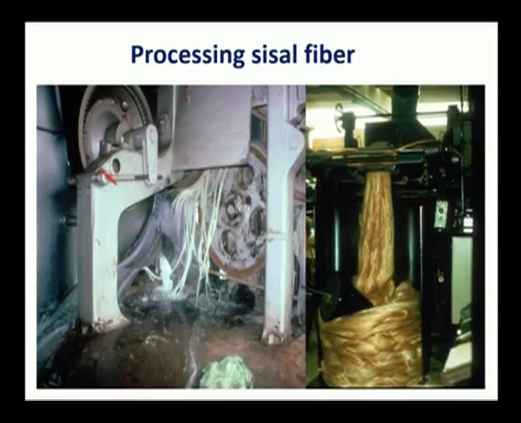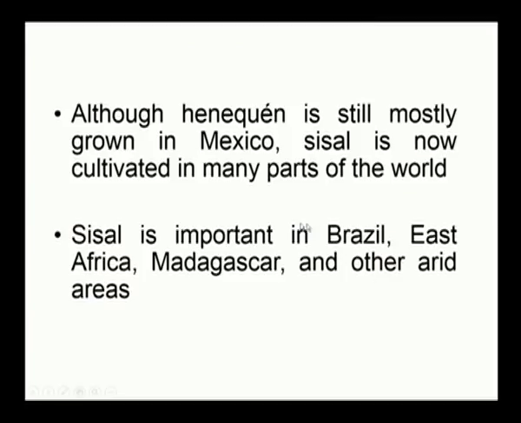Again in processing, the fiber material is fed into the pressing machine, and finally they get this kind of fiber material from sisal fiber. Although the henequen is still mostly grown in Mexico, sisal is now cultivated in many parts of the world. Sisal is important in Brazil, East Africa, Madagascar and other arid areas.